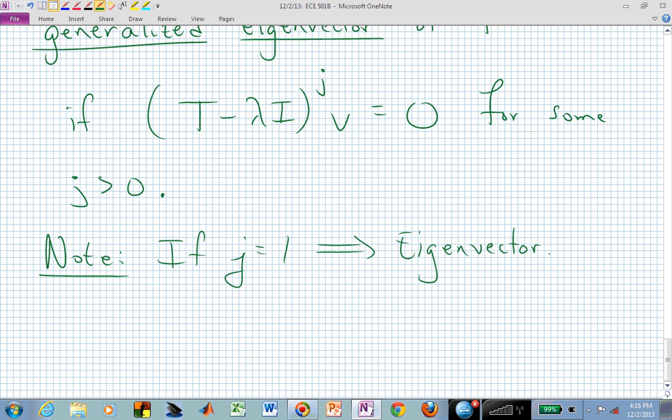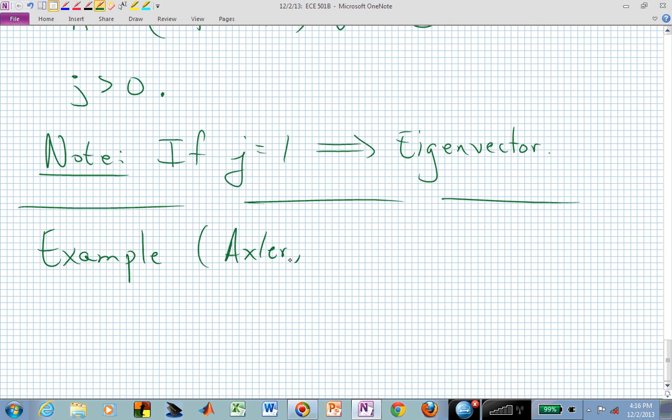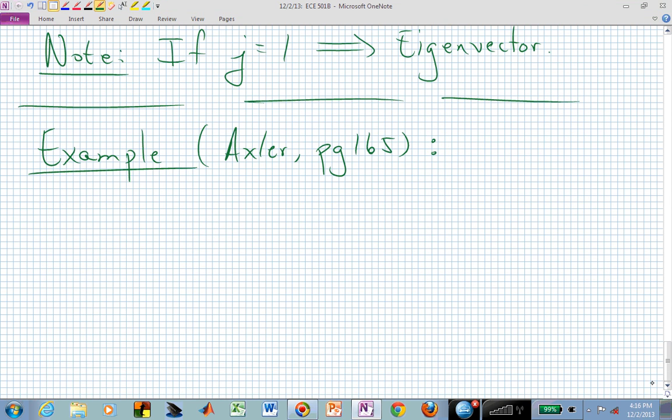Good. So let's now look at an example of this. This is actually coming from your book, page 165, but I'm going through it with a little bit more depth maybe than what's in the book.